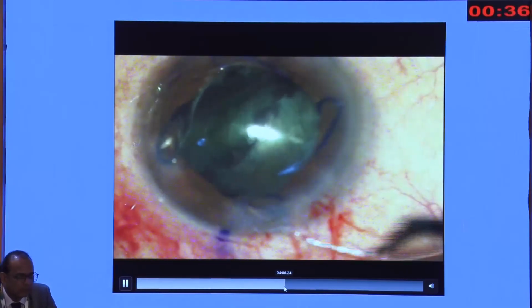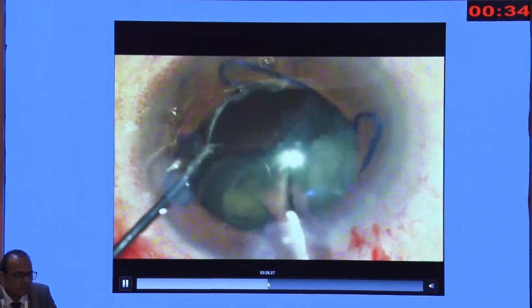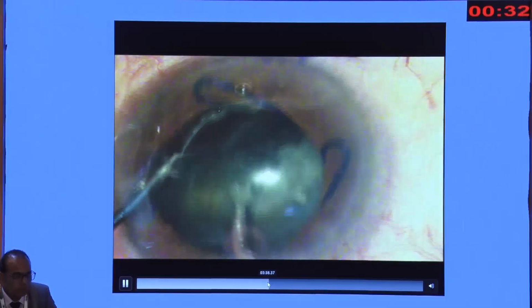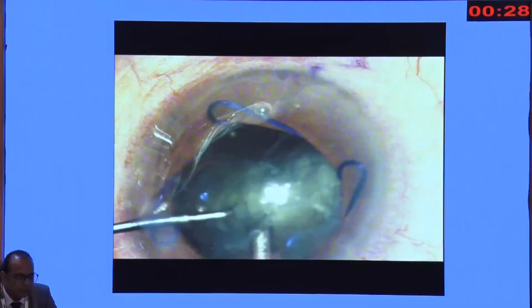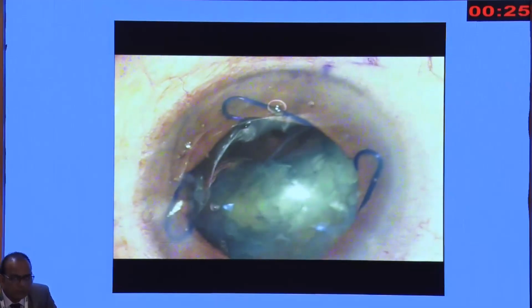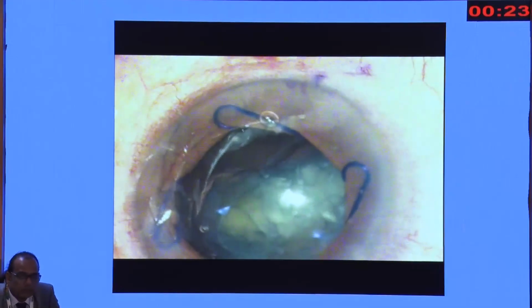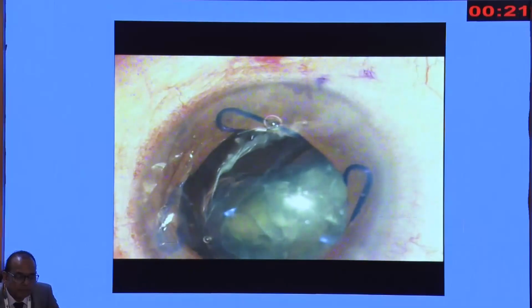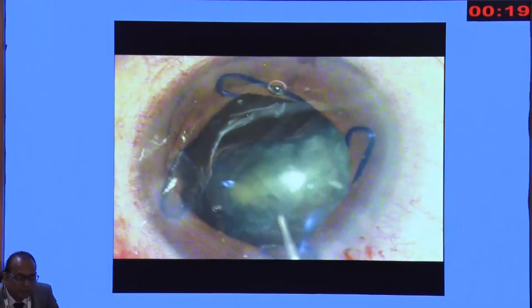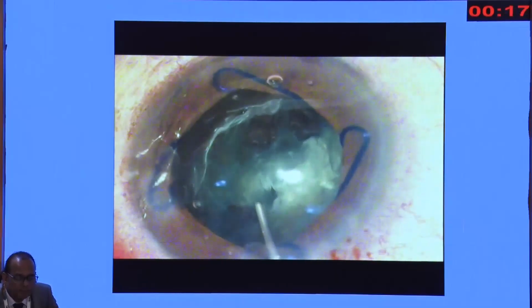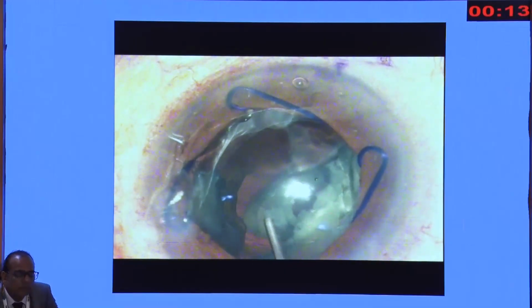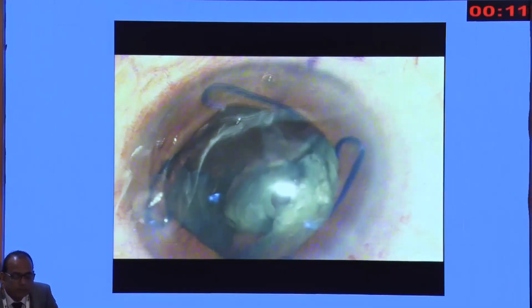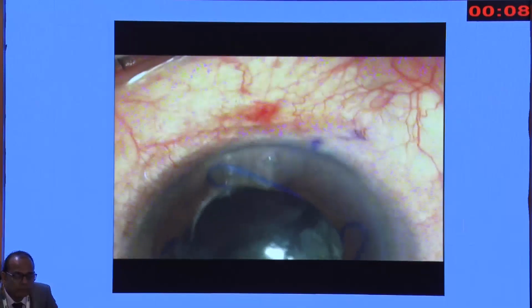A capsular tension ring is inserted. The maneuver is stopped and gently the phaco tip is taken out and viscoelastic is injected to inflate the bag and to get the equator of the bag in its physiological place.